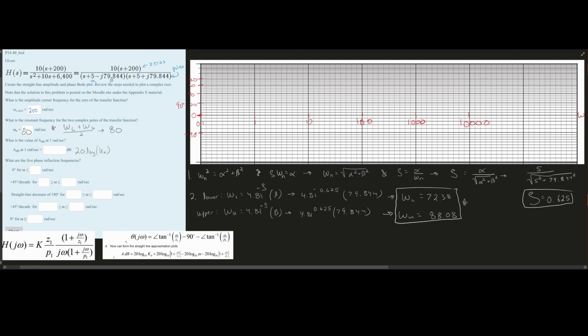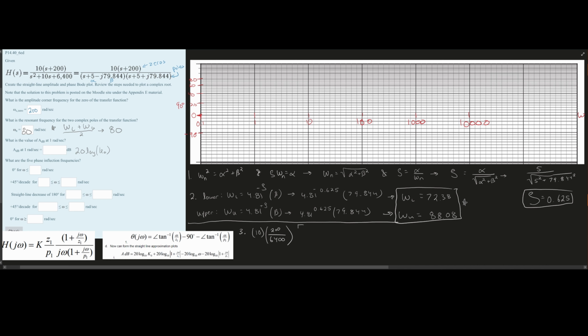And to find our k naught, we can move on to kind of the step 3. In step 3, we want it to look something like this, and so knowing that, we can start writing it. The first part is going to be the same, but the bottom is going to be different because it's an imaginary number. So our k is being multiplied by the z1 p1. We know that we have a 10 here, and then our z1 is 200. Our p1 is going to be the 6400.